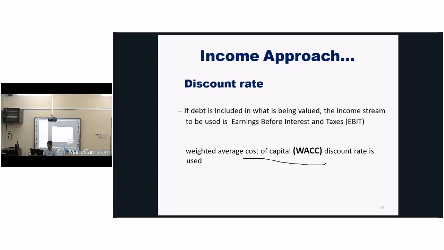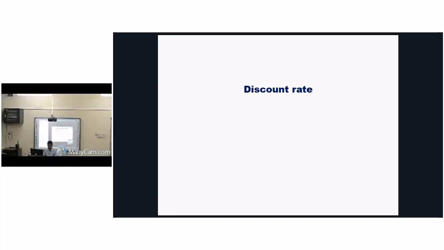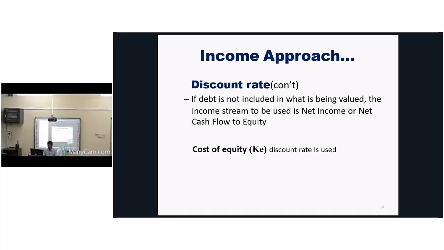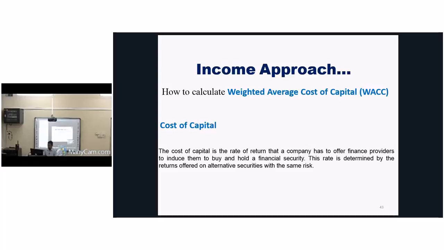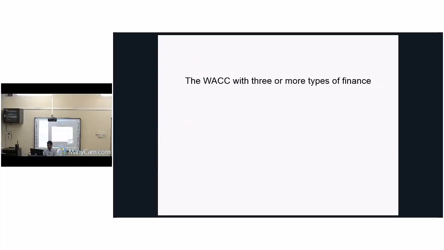So let's quickly look at what is discount rate. Right. So in other words, cost of capital is the rate of return of the firm, and if you have more than equity, in other words if you have debt and preference shares, then we need to have a combined cost of capital for our calculation. So how do you calculate the weighted average cost of capital?